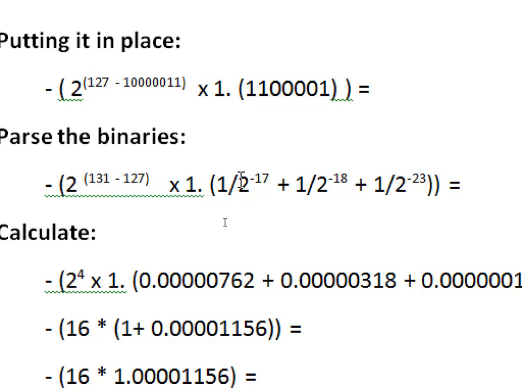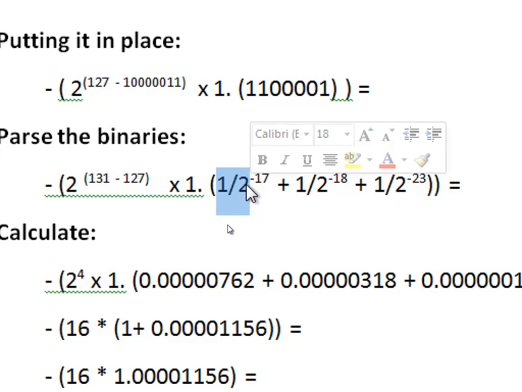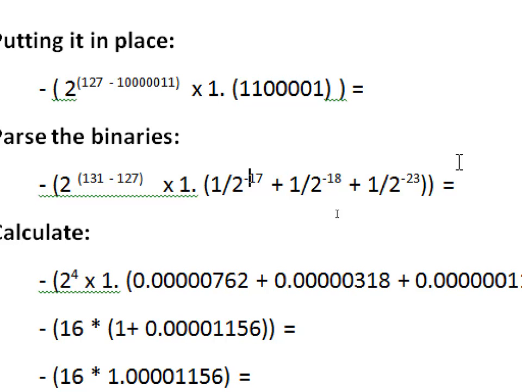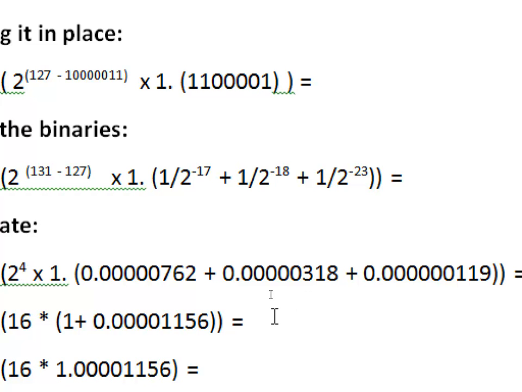Then we're calculating the mantissa part, so we have 2 in the power of minus 17, then half in the power of minus 18, then half in the power of minus 23, because we're going from left to right. And we can convert these into real numbers, so this will be the result.